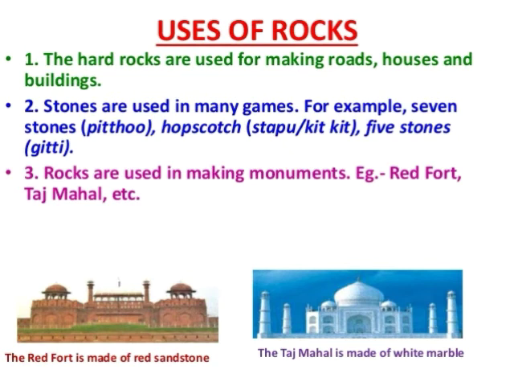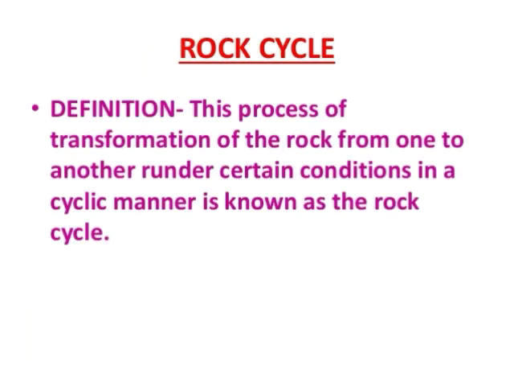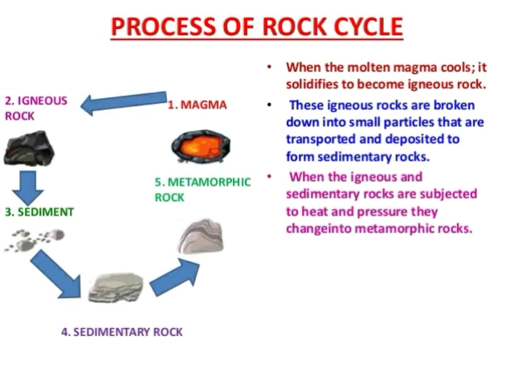Now we will discuss about rock cycle. Rock cycle: the process of transformation of rock from one to another under certain conditions in a cyclic manner is known as the rock cycle. Understood? You can understand this with the help of the diagram.